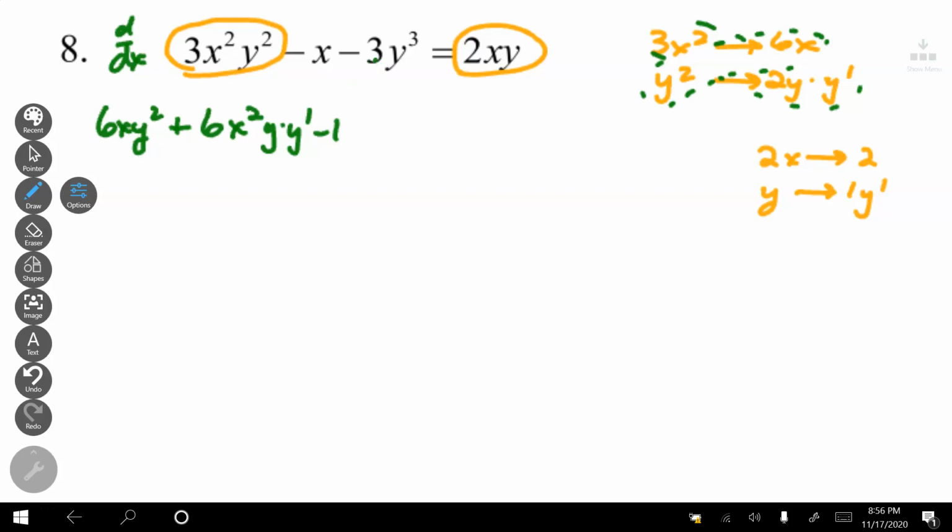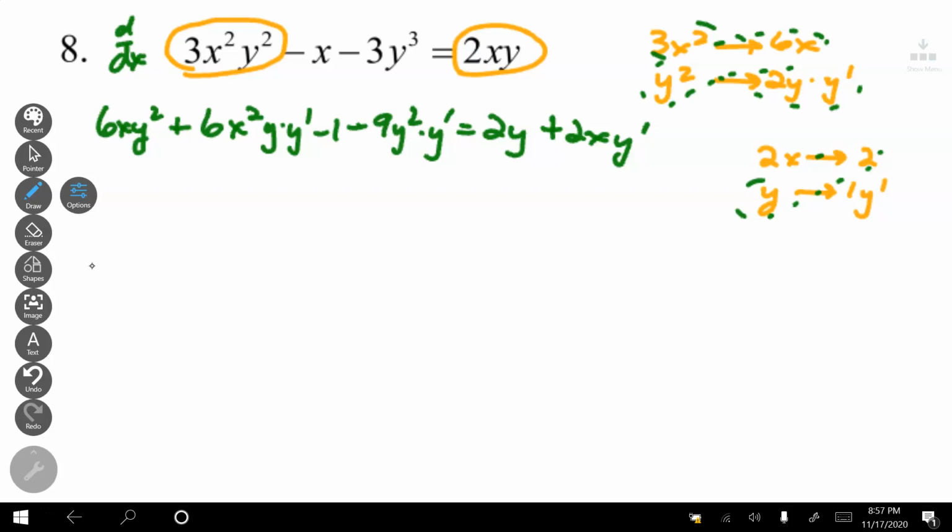And then this is a minus 3 times 3, so it's minus 9y squared. Oh yeah, there was a y with that. So I need a y prime equals, and I can do my product rule here. I do this side first. 2y plus 2xy prime. Wow, that was a lot.